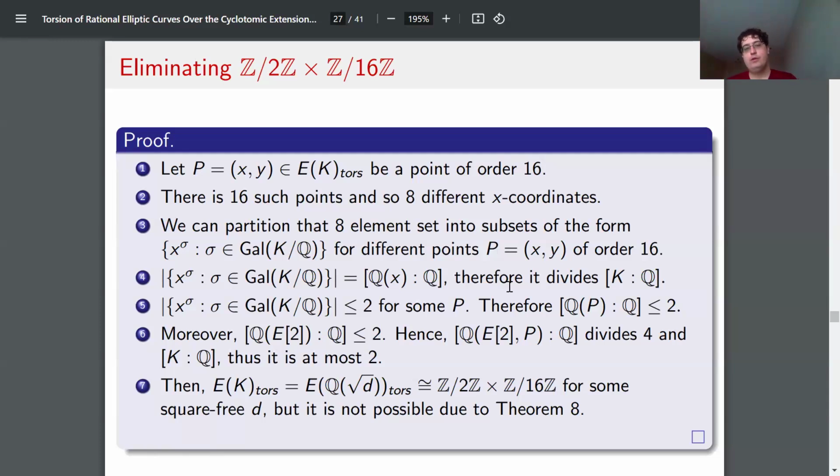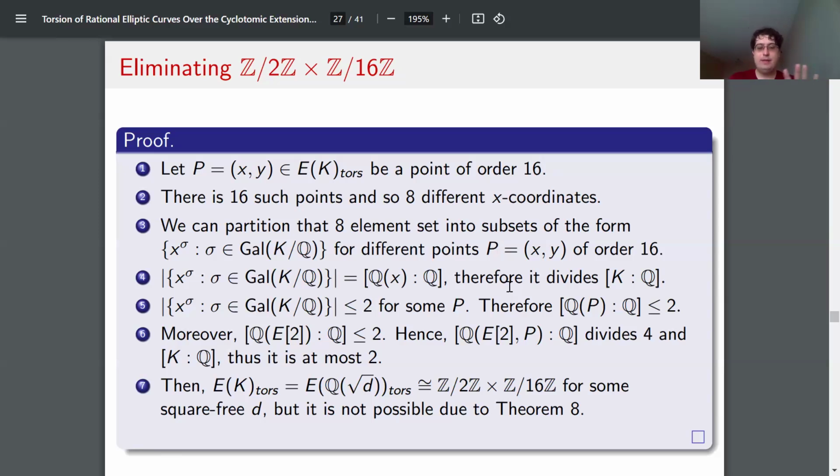So these 8 elements will be partitioned. And if you fix a specific x for some specific order 16 point P, then the size of this orbit will be the extension degree of Q(x), and it will divide the extension degree of K. So it cannot be 3, it cannot be 4, it cannot be 6 or 8, because we assume the extension degree of K is not divisible by 3 or 4.